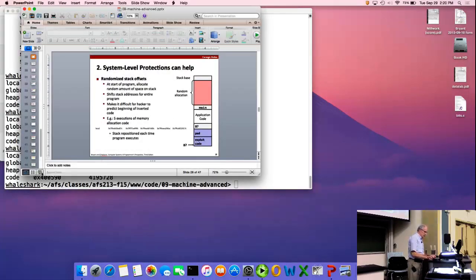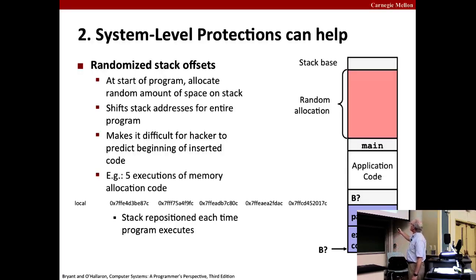as I told you, this code injection vulnerability relies on the fact that you can load up this buffer with some executable code, but somehow you have to know how to get to the start of that code. And so the attack is relying on the fact that it can somehow predict what this address of the buffer is, and so that it can encode it in the right part of the string so it will show up where the return pointer is supposed to be, and have it jump to that location.